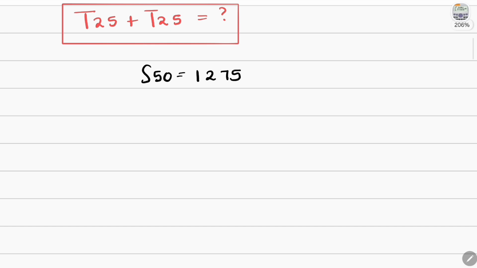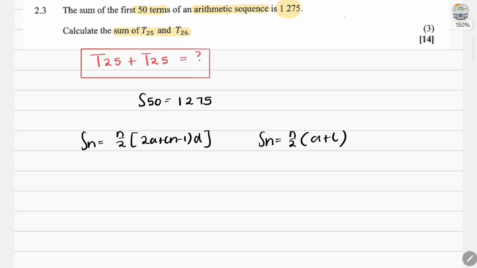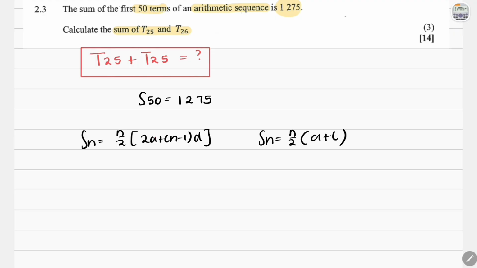Well, the sum formula, we have two formulas, of course. We have Sn equals n over 2 times 2a plus n minus 1 times d. And we can use this one as well, n over 2 times a plus l, because they're arithmetic. Let's say we just use the simple one. I don't think it would matter, but I'm just trying to keep things simple.